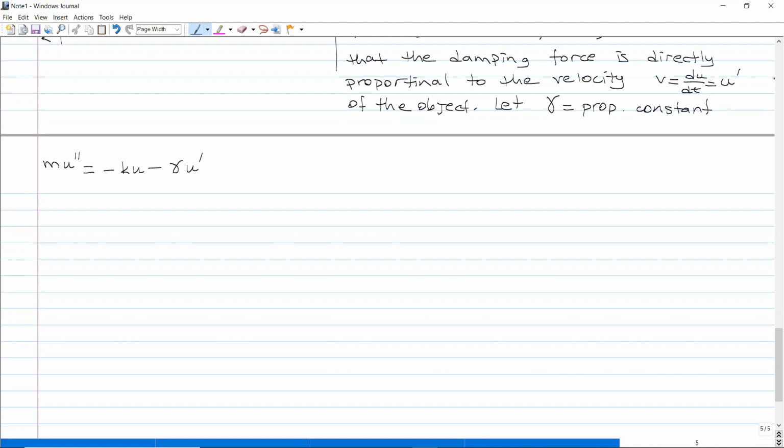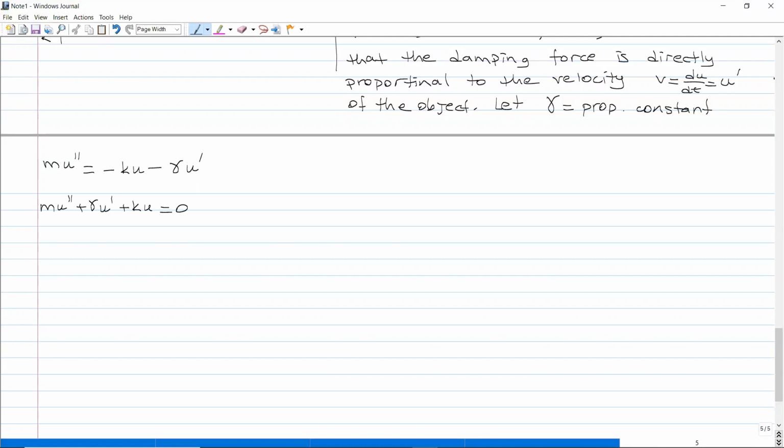The damping is also going to be in the opposite direction of the motion. It will try to slow the motion down, so it comes with the negative sign. So our equation is mu double prime plus gamma u prime plus ku equal to 0.